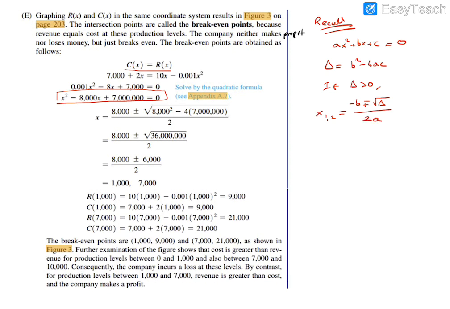By using that formula, you can find the roots of any quadratic equation. If delta equals 0, there is only one solution. If delta is less than 0, there is no solution.